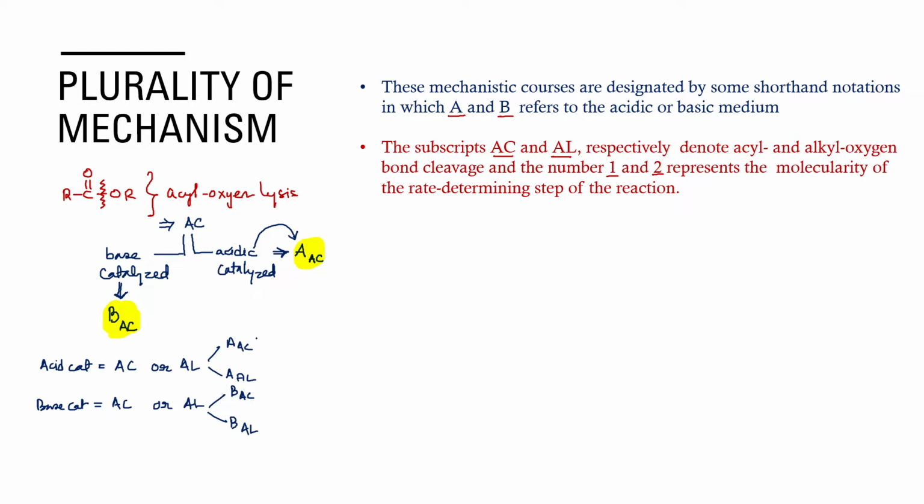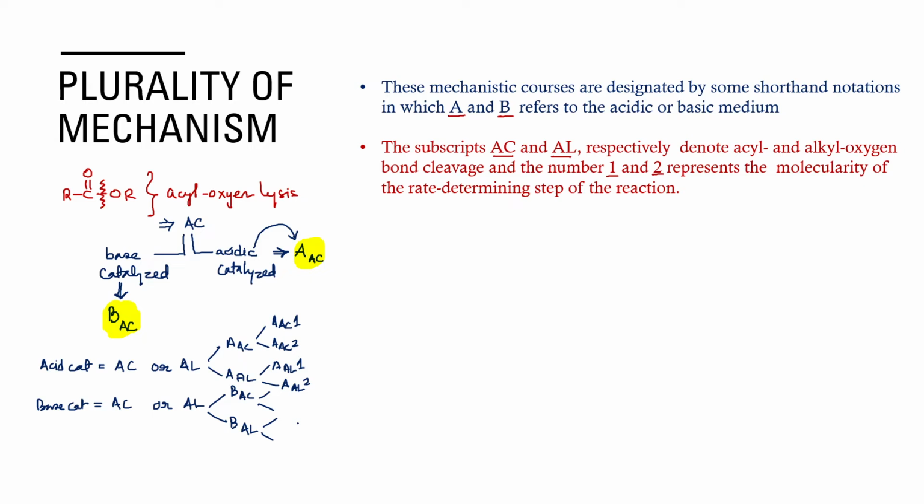Now ये हो जाएगा first as well as second, so ये AAC1 and AAC2, this will be AAL1, this will be AAL2. The same two such pathways can be written for each of them, so we have a total of 8 mechanisms.